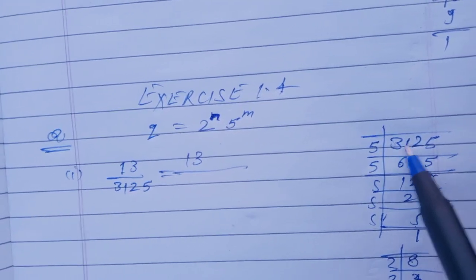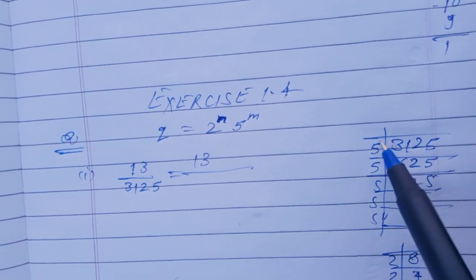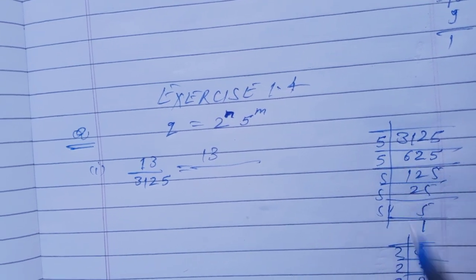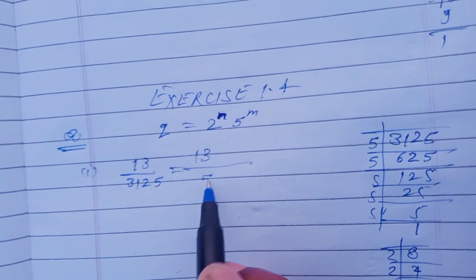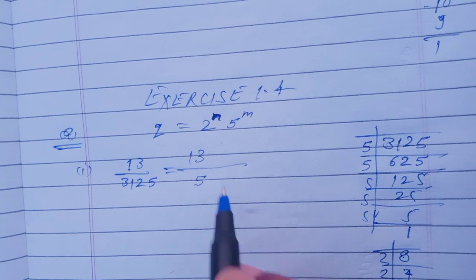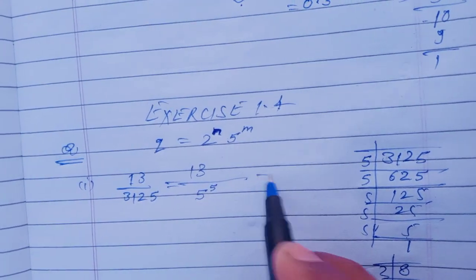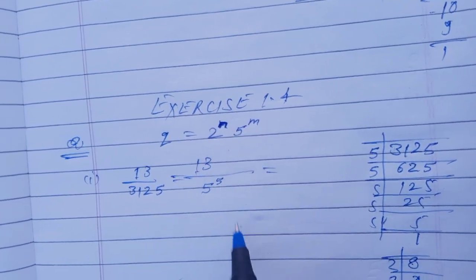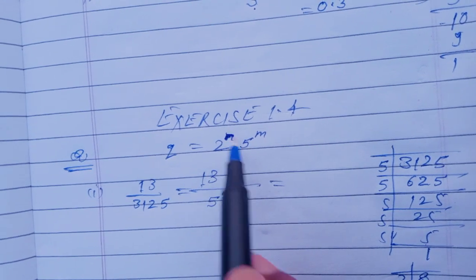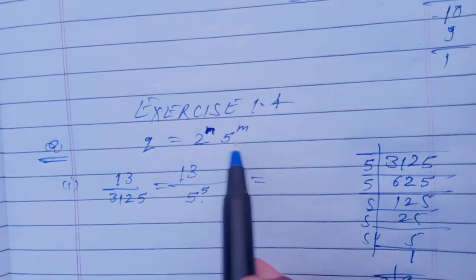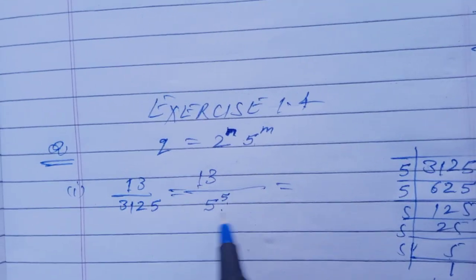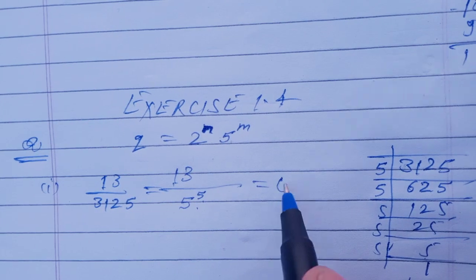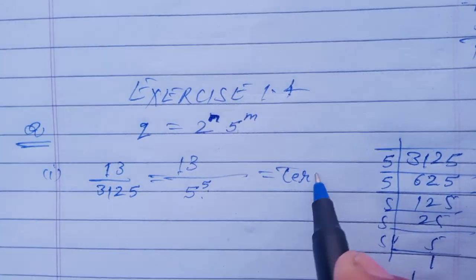Here we find the prime factorization, that is 5 power 5. The denominator is in the form of 2 power n 5 power m, 2 power 0 and 5 power 5. So its decimal expansion will be terminating.